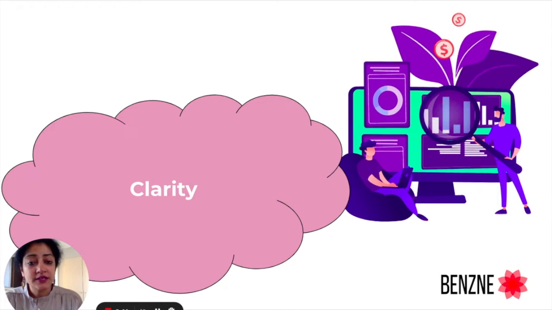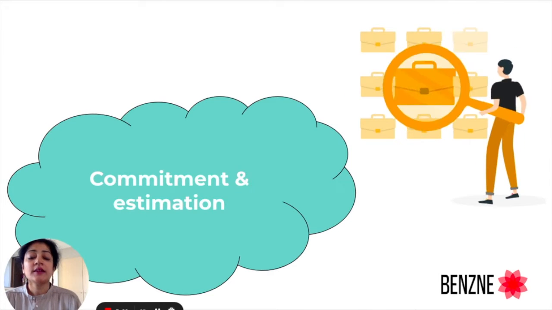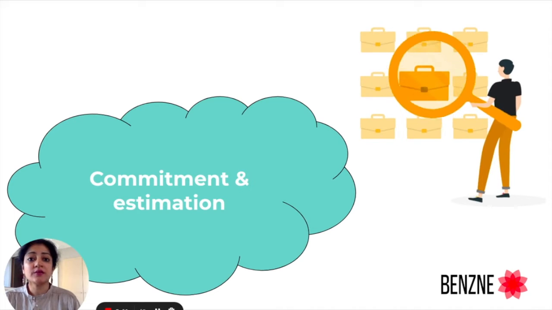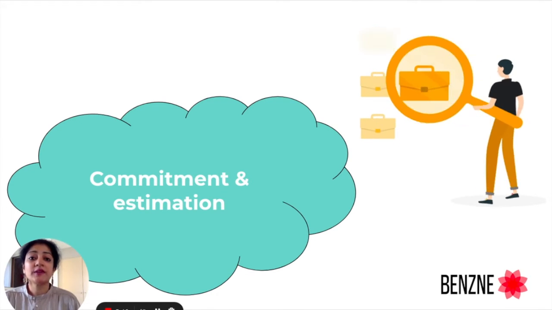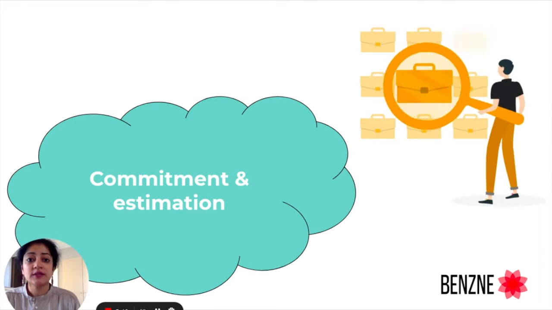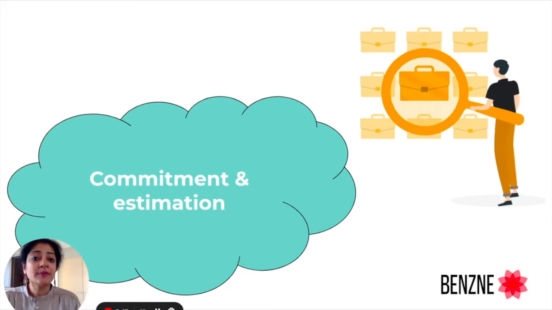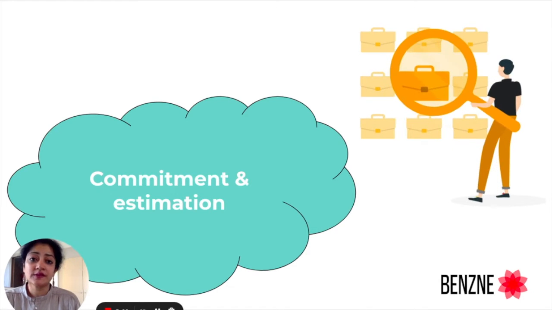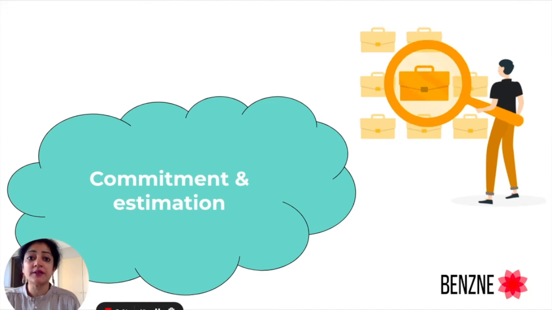Once the development team is all clear on the user stories or work items to be undertaken, they start estimating the user stories to figure out their size, or re-estimate the stories once they have more clarity after the discussions with the product owner. By doing so, the development team is in a position to commit to what work items or user stories they are planning to deliver during the current or the next sprint.